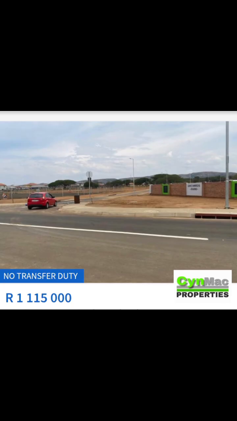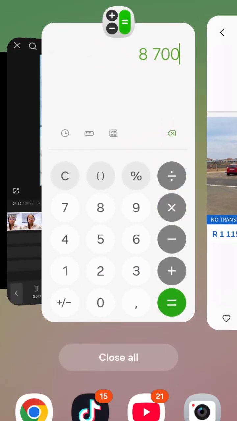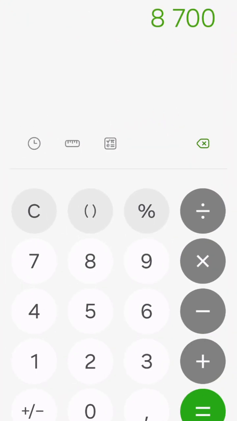Having said that, it is very important to understand that when you see the no transfer duty sign, it means that you will not be liable to pay taxes on the purchase of the property, which would be the 8,700. However, you will be liable to pay the 20,000 that we calculated earlier using our Property 24 calculator.